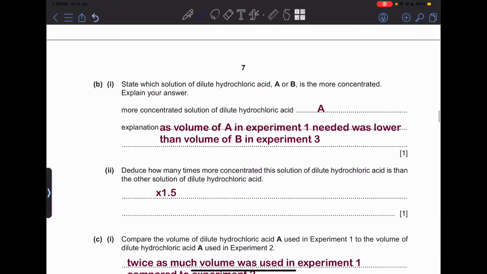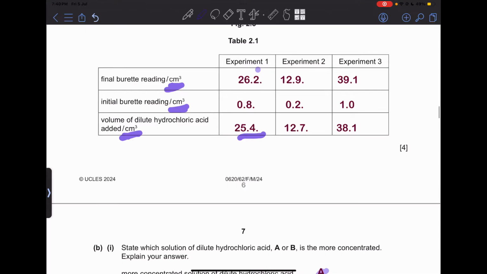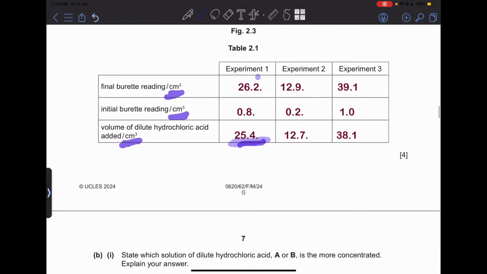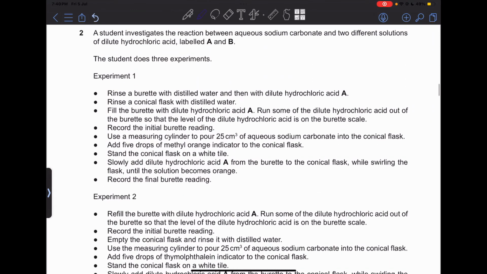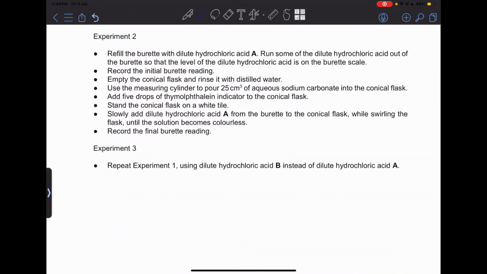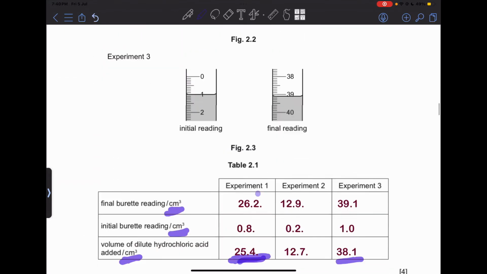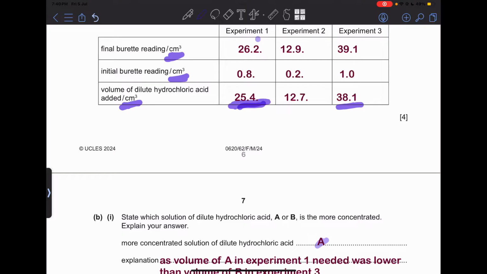So of course it's actually A. This is because if we compare, in experiment 1 they needed 25.4 volume of hydrochloric acid so that the experiment can end, but in experiment 3 they needed 38.1, and this was using the same everything, the experiment was the same, but they used the hydrochloric acid B instead of A. So A is actually more concentrated than B because it needed less amount to be used.